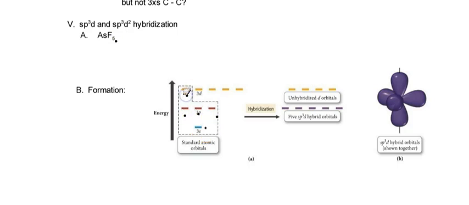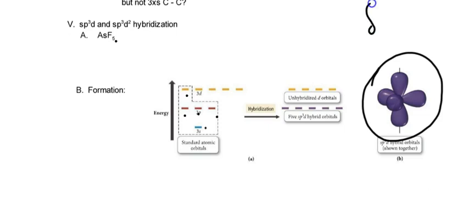Okay, so I have 5 orbitals, and that's what my hybrid orbitals all shown together will look like. So they kind of look like the little end here and a big one here, but then they're all put together. So there's a little one and a big one, and then a little one and a big one, and that kind of thing. I'm not doing a very good job drawing, but that's what happens. So each of them have a little end and a big end.